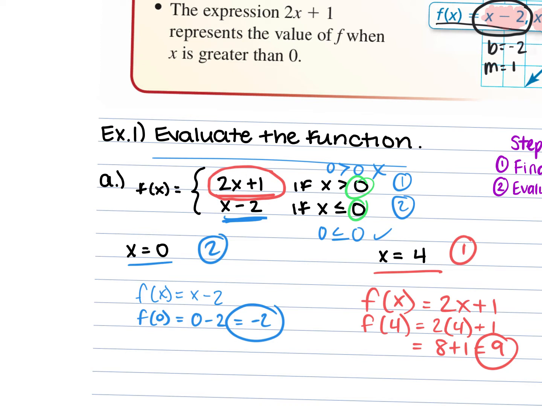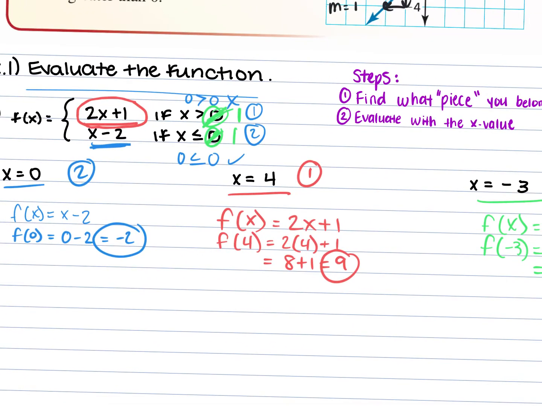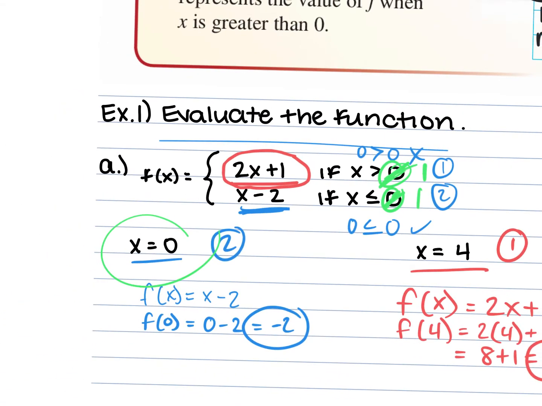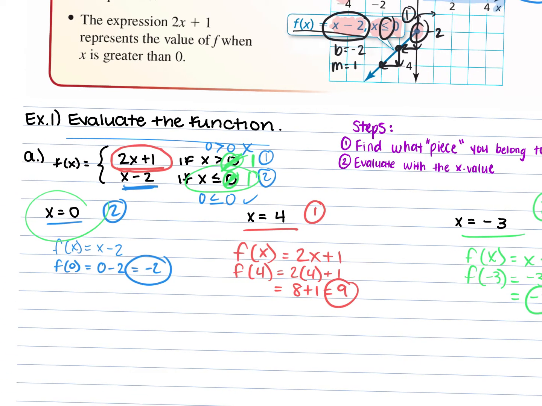If they were both 1, nothing would change, okay? Your x values, 0 would no longer belong to piece 2, right? Because 0 is less than or equal to 1. And then it would be the same, basically. But that could happen. Good question. Any other questions, guys?